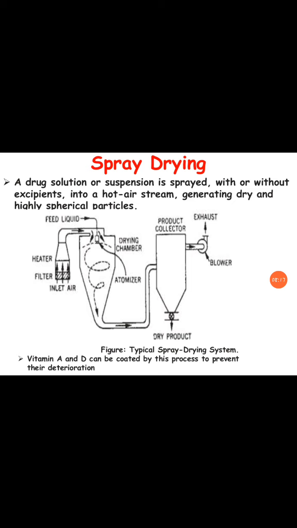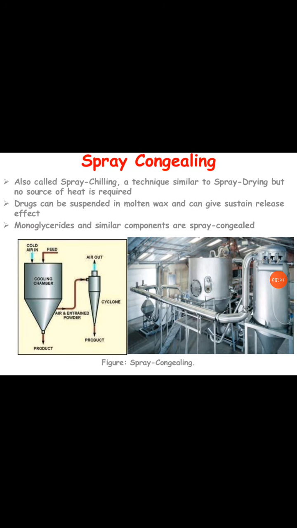The nature of the atomization determines the size. Then spray congealing is also called spray chilling. It is a technique similar to spray drying, but here drying is not necessary. The most common type of drug is vitamins.